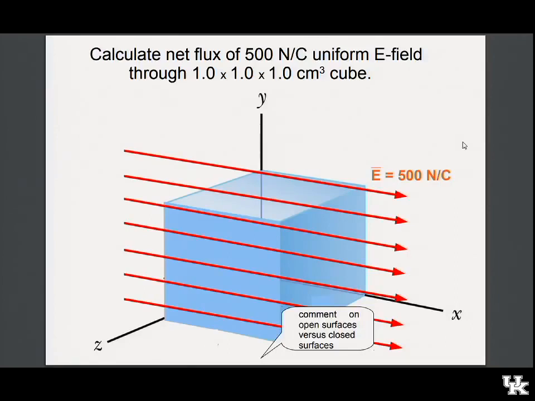That's what we call an open surface. We're going to be distinguishing between open and closed surfaces when we talk about fluxes through surfaces. This cube here is a closed surface. If you're inside that cube, you can't get out without passing through its walls, and if you're outside, you can't get inside without passing through its walls.